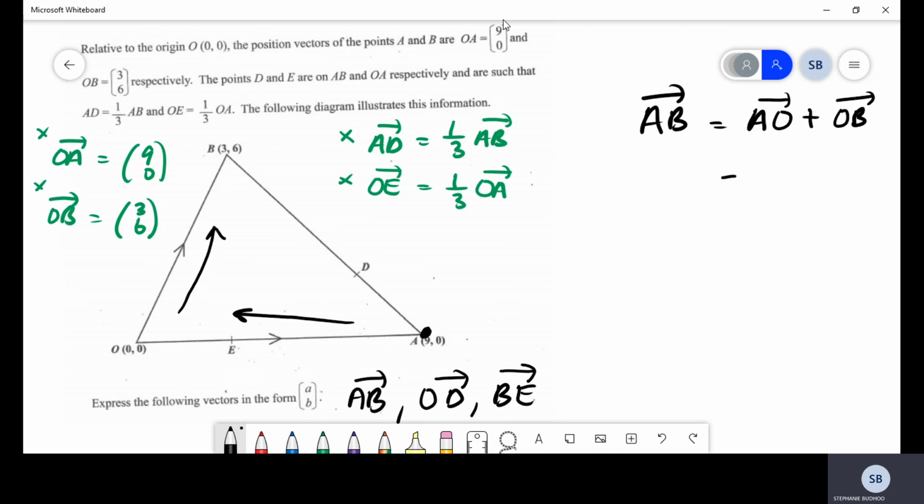Using the diagram, you can see that AO is in the opposite direction of our arrow, so we're going to have a negative sign here, and that vector OA, we'll simply write it in. And you also have, we are traveling along the vector OB, and OB has a regular value of (3, 6) in that direction. And therefore AB is simply equal to (-6, 6).